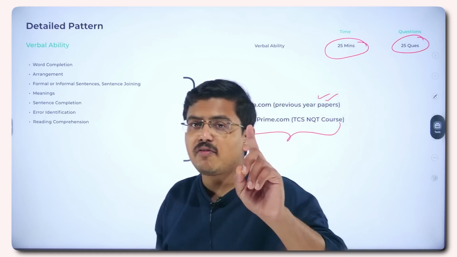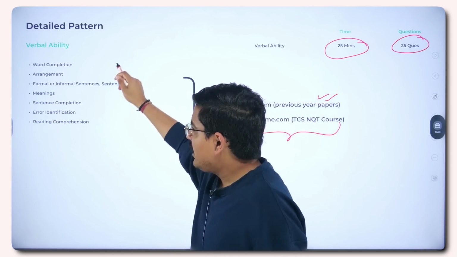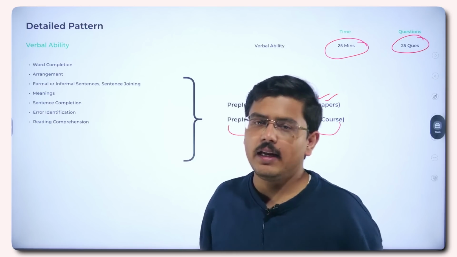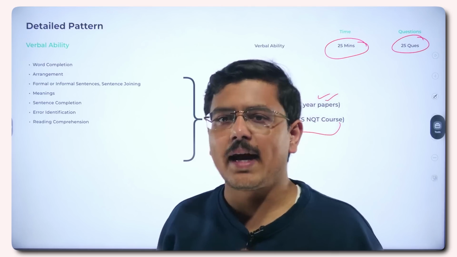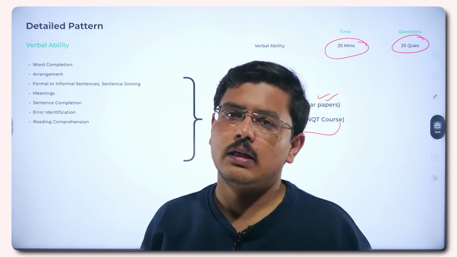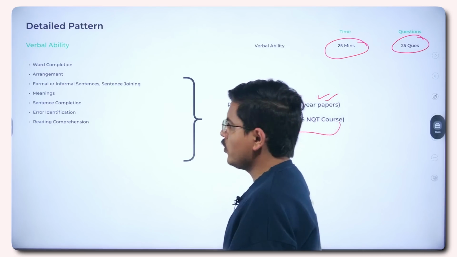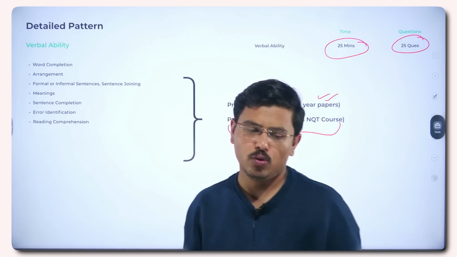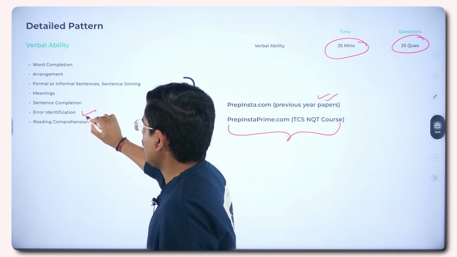So you have 1 minute per question. First of all, you shouldn't leave anything. Secondly, verbal ability is more of a practice game rather than theory or revision. It is not about revision, it is a practice game. So do regular practice of it, but focus more on this particular topic.